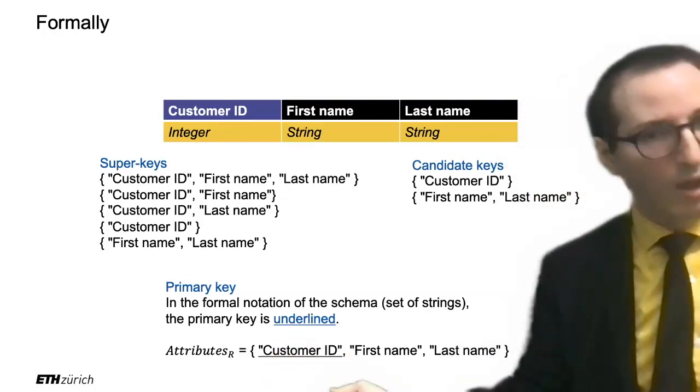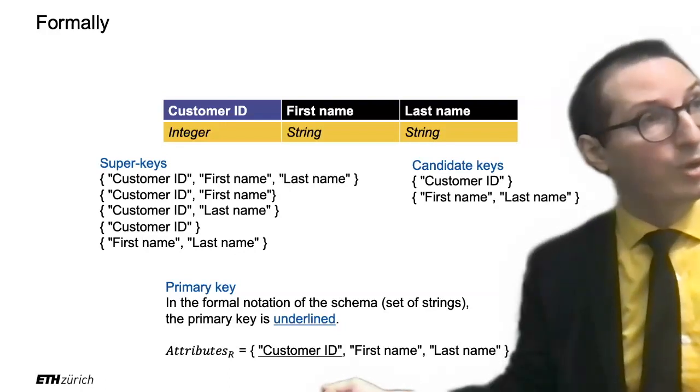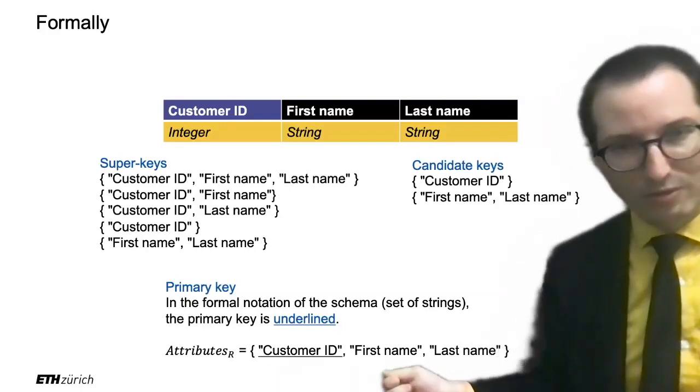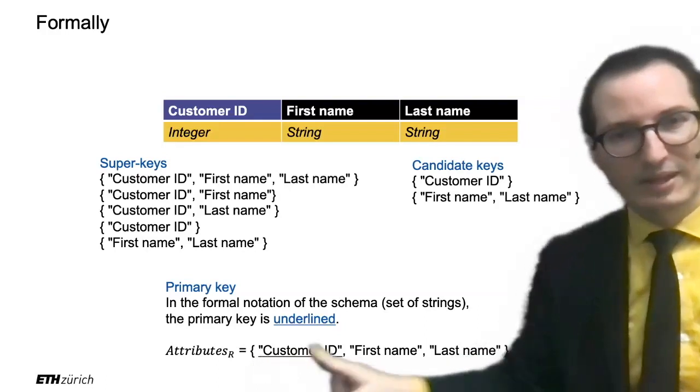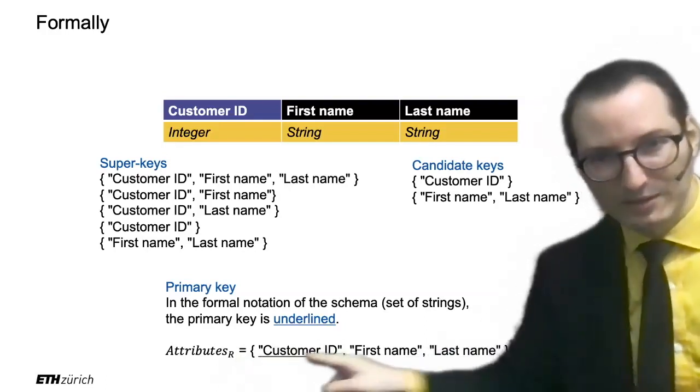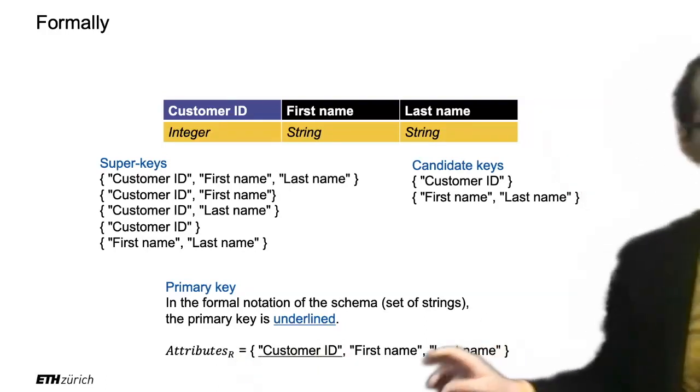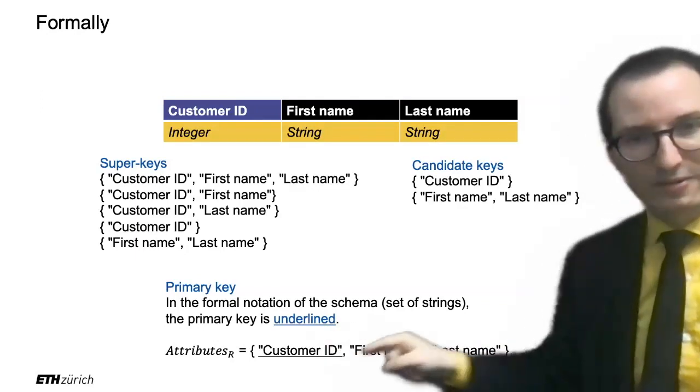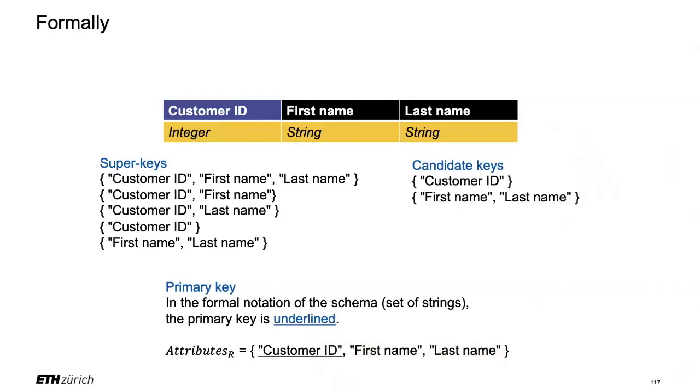That's what you typically do. Note that the primary key might have multiple columns, right? Then you underline all of those that are in the primary key. In that case, I underline customer ID, and then first name, last name. I might also add the types in there, but basically this is it. So if you ever see a list of attributes and some are underlined, then it means that these were chosen as the primary key.